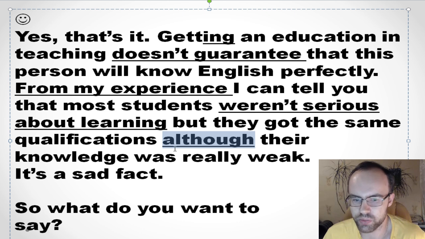The knowledge was really weak, and it's a sad fact, really. It's a very disappointing fact that it often happens. People often enter a certain university just to get some qualifications, but they don't care about real knowledge. It's a real pity, okay?